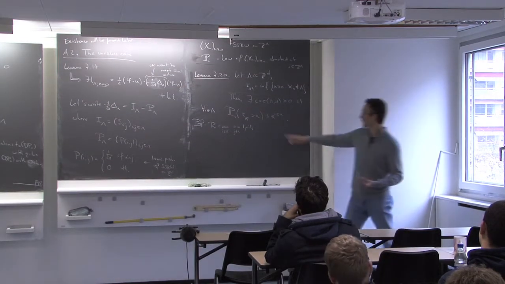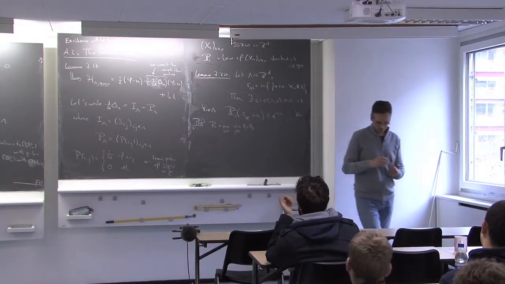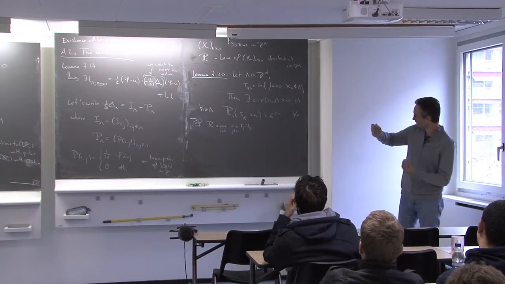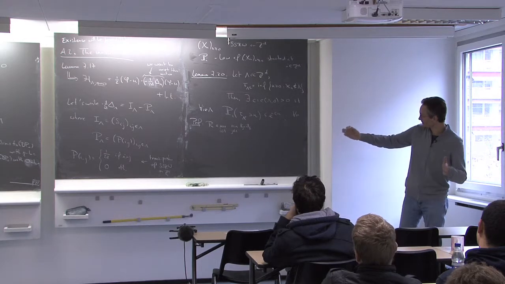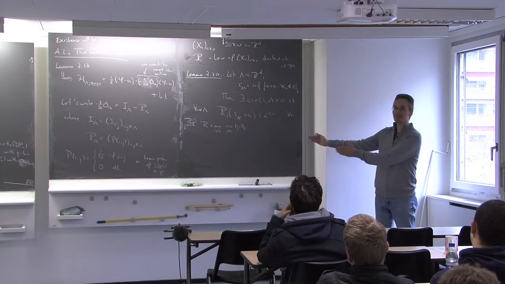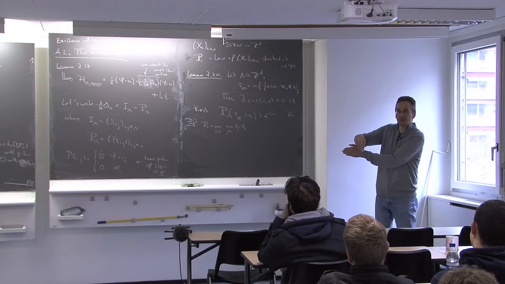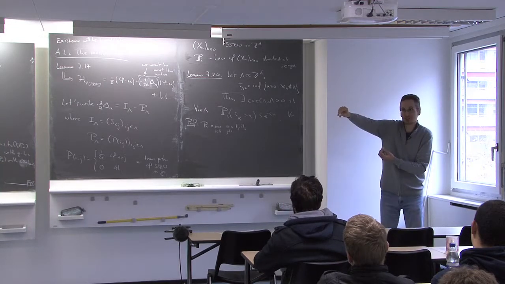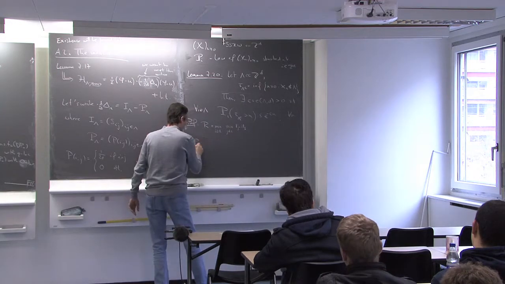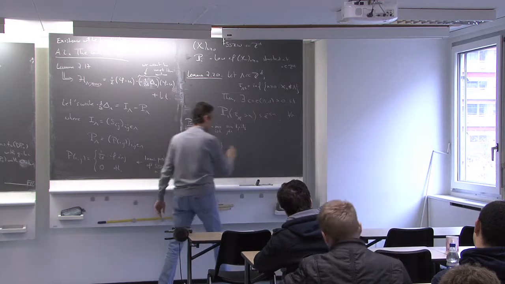Now the argument is very simple. If you have to wait a long time n, of course for all n, then you split the time interval 0 to n into pieces of length R, and in each of these pieces you have a strictly positive probability of exiting the box, because wherever you are inside the box, you can just take the shortest path outside, which has a positive probability. So the probability that tau_{Lambda^c} is larger than n is certainly smaller than the following.